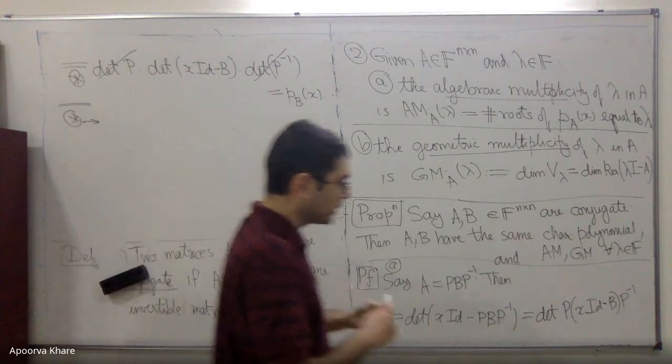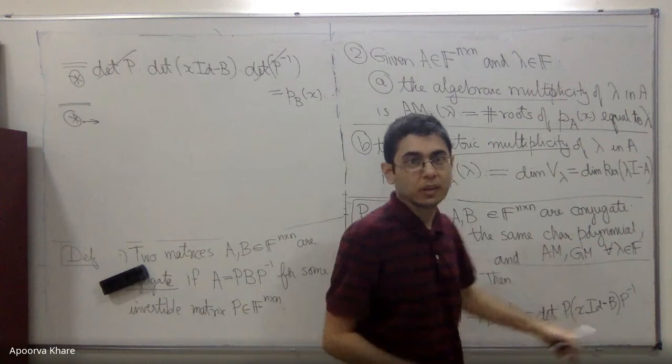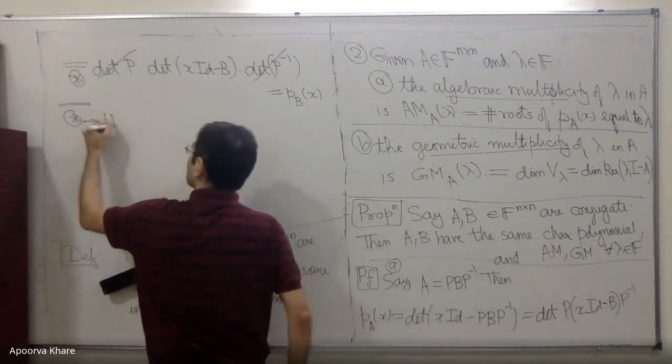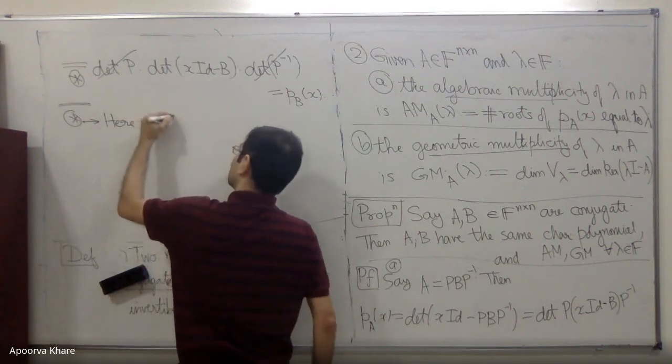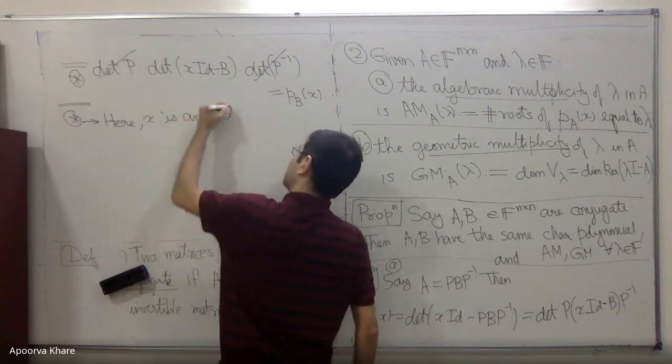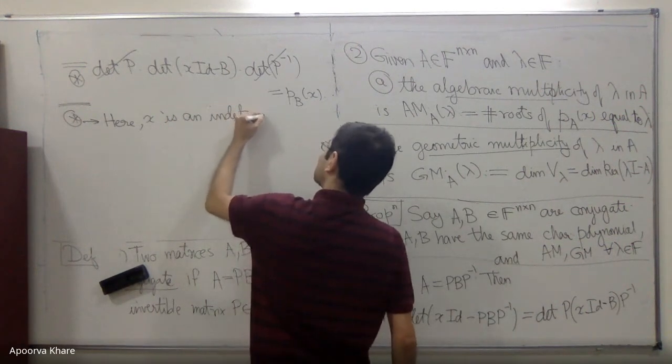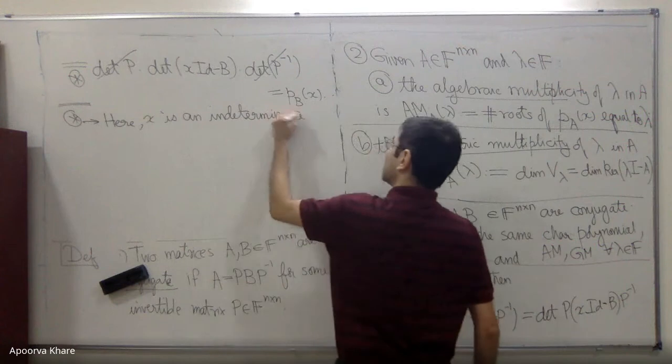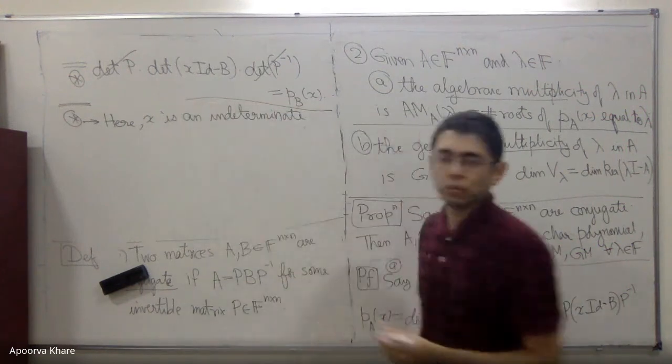So the point really here is that x is an indeterminate. So this equation holds because we are saying that these are equal as polynomials. We are not saying that they're equal at some value lambda.